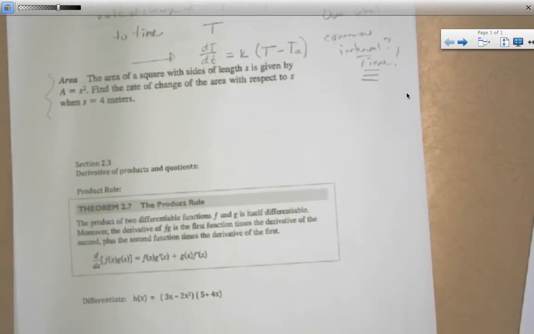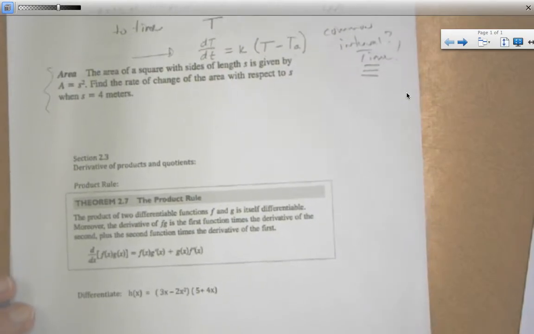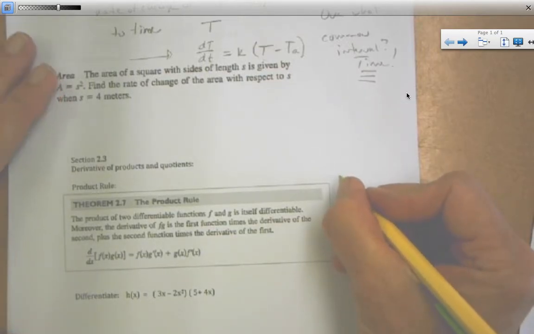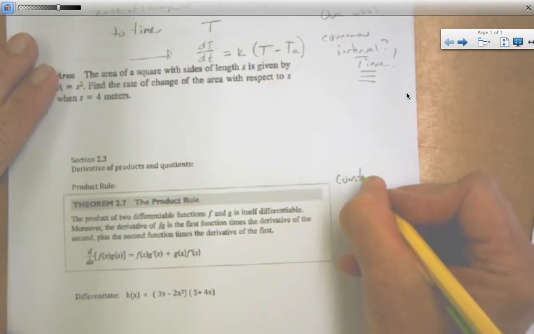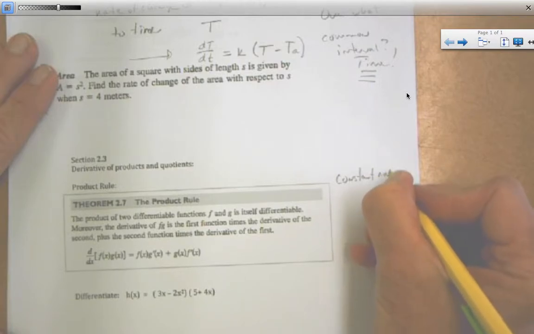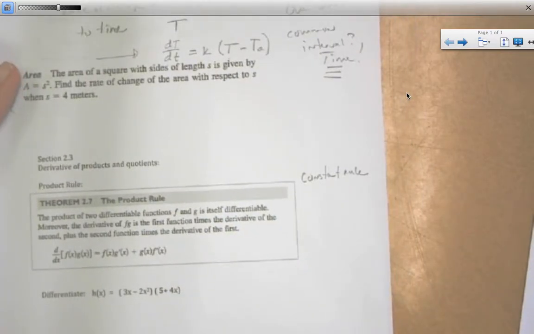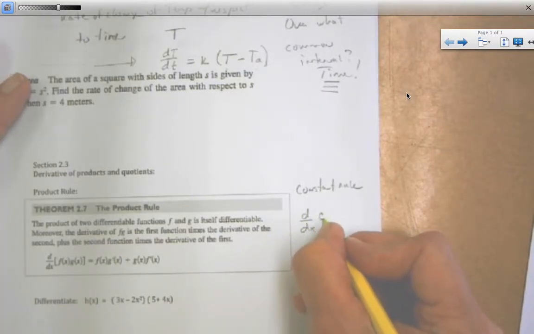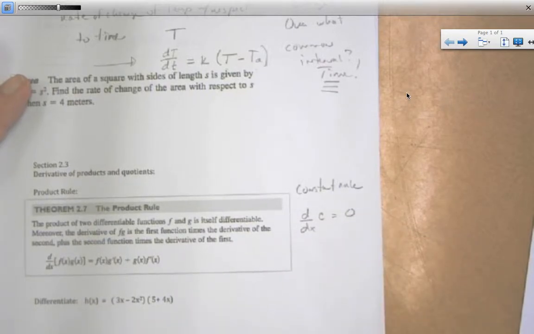Okay, so the next rules that you have to learn for your derivative rules. So far you have the constant rule. I'm going to use a little bit different notation so you get accustomed to it. The derivative with respect to x of a constant is 0.